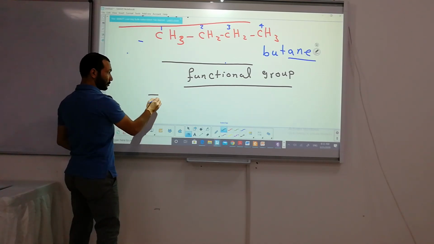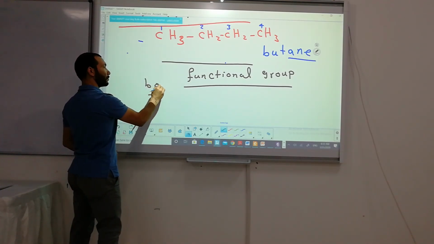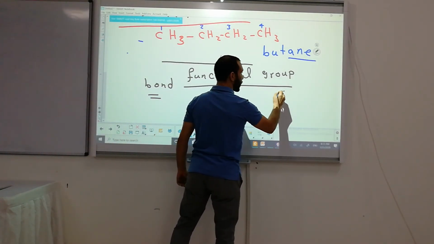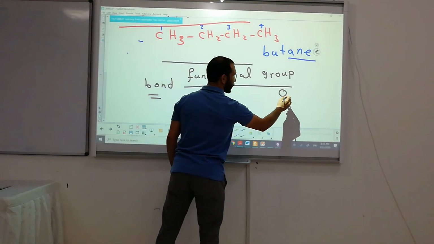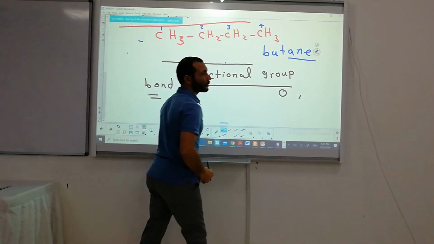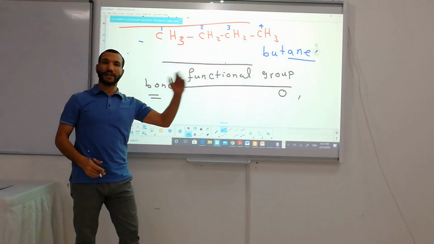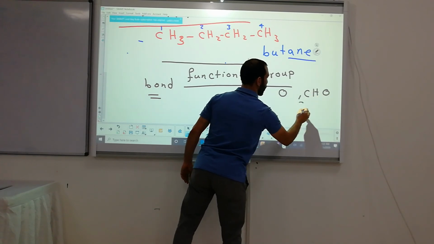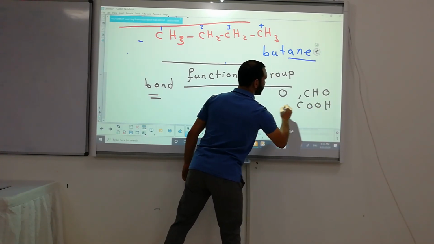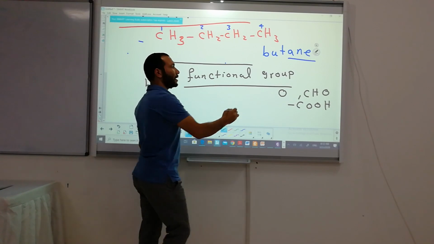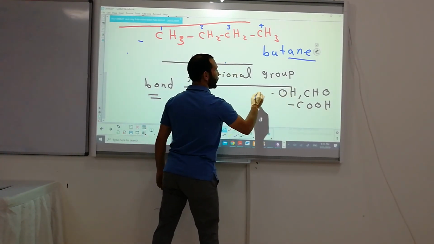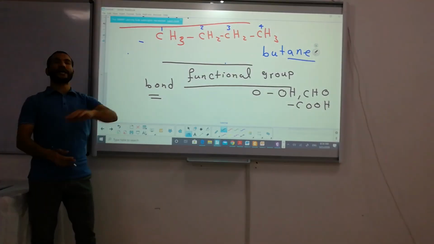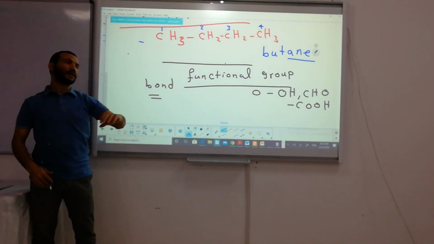Maybe a bond, maybe a complete functional group like oxygen, like COOH, CHO, for example, COOH acid, here is OH, here is O. All of this is called the functional group, and we will give the names of the functional groups next time.